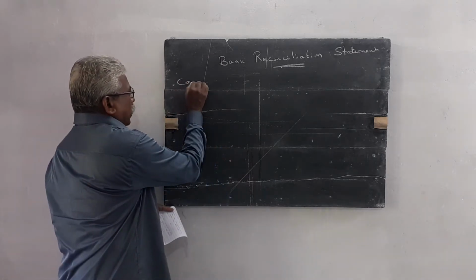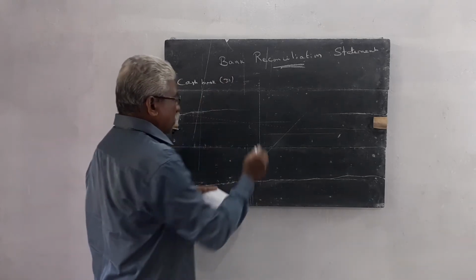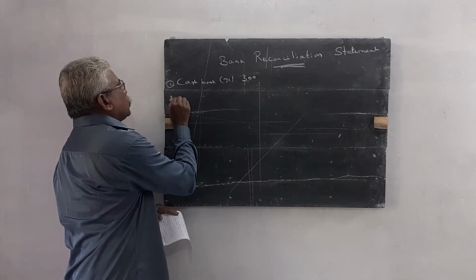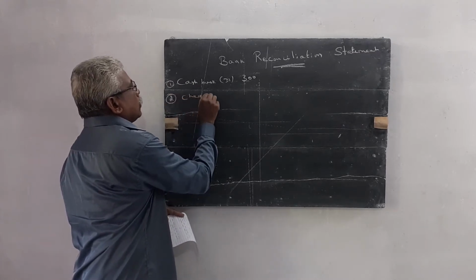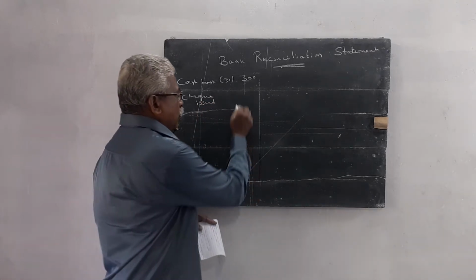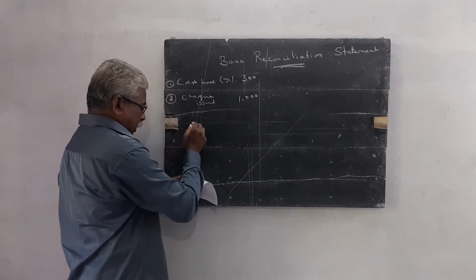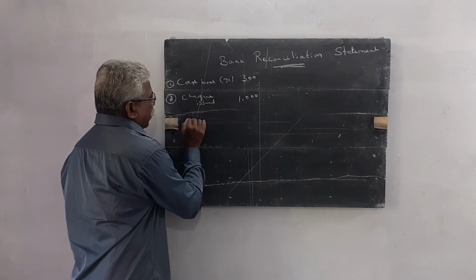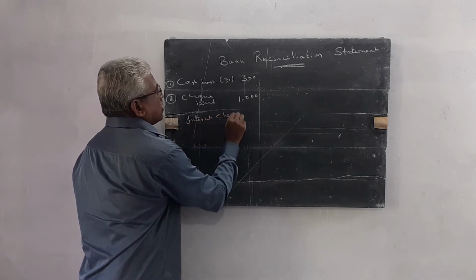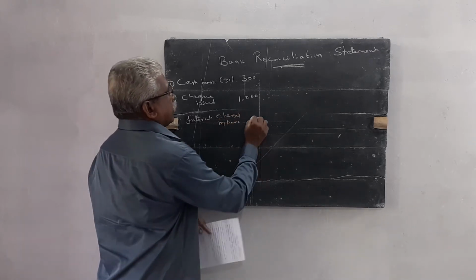Point number 1, the cash book debit balance is given in the question: cash book debit balance 300. Then point number 2, cheque issued but not presented for payment, rupees 1000. Then point number 3, interest charged by bank, rupees 100.